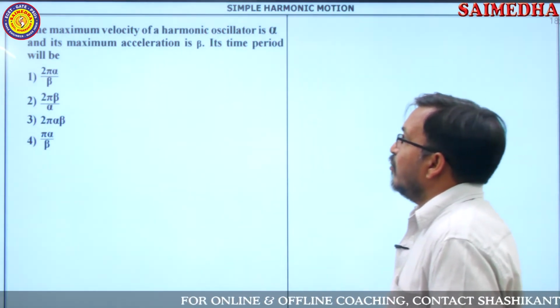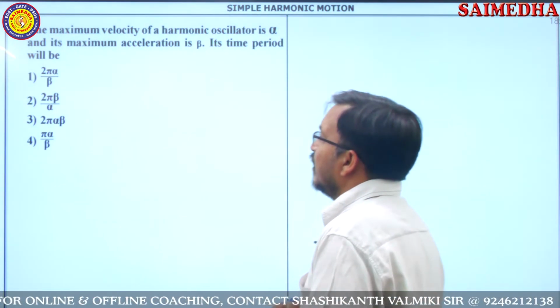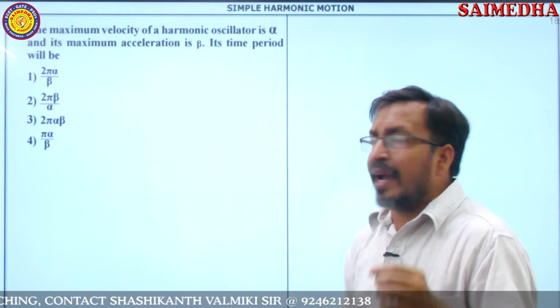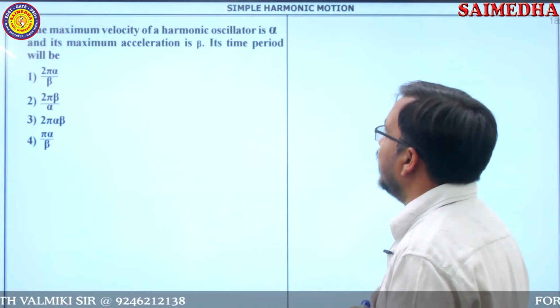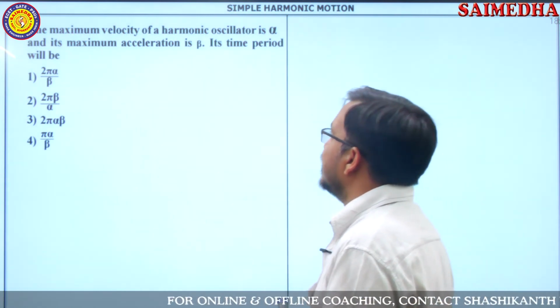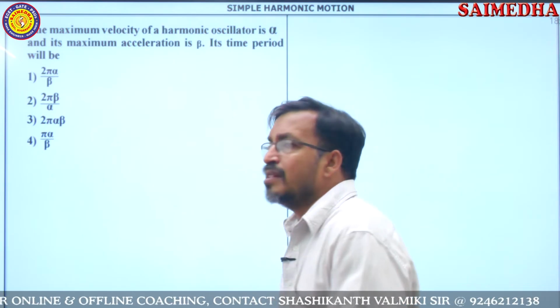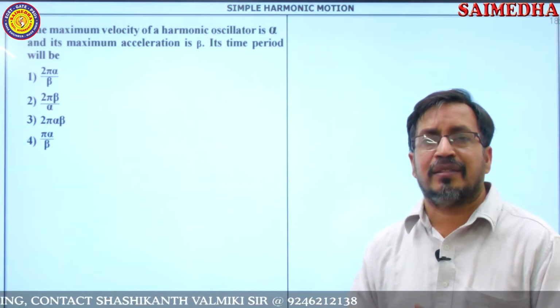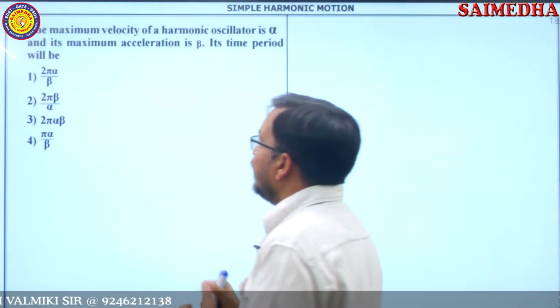Now, we are discussing the fourth question. The maximum velocity of a harmonic oscillator is alpha and its maximum acceleration is beta. Then its time period will be? Here the maximum velocity is given.